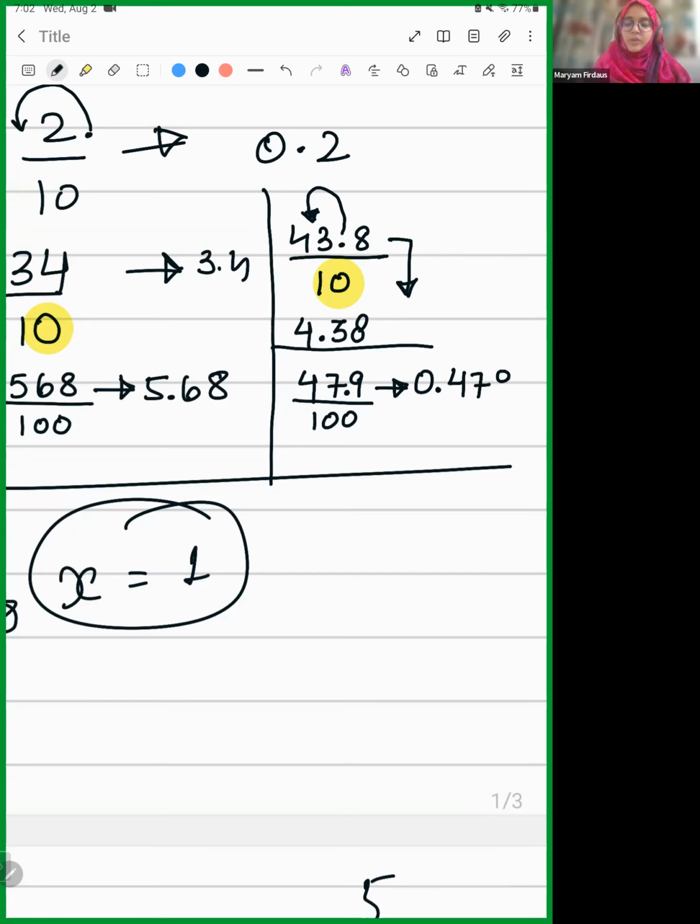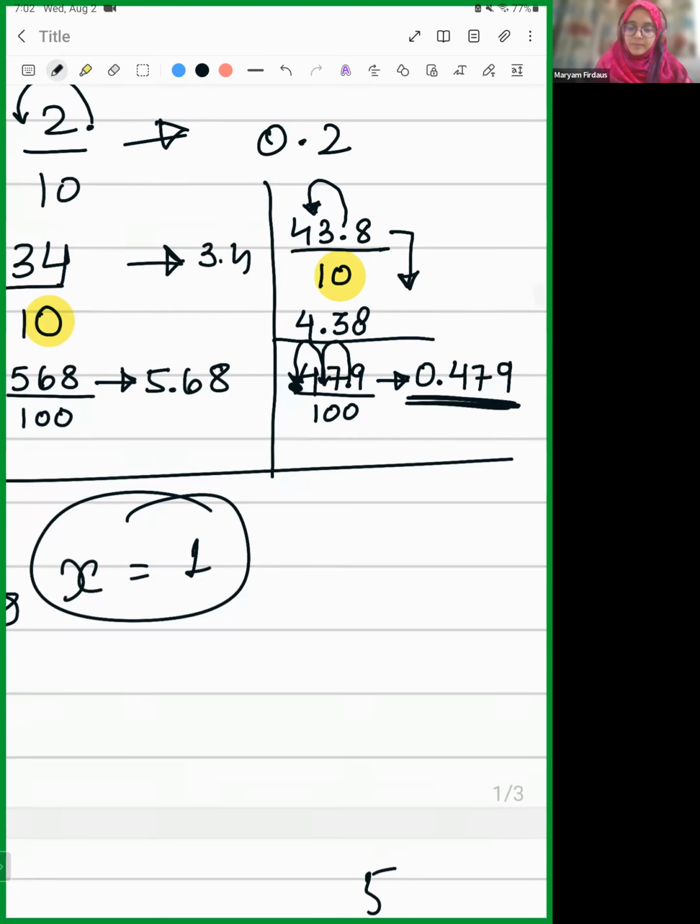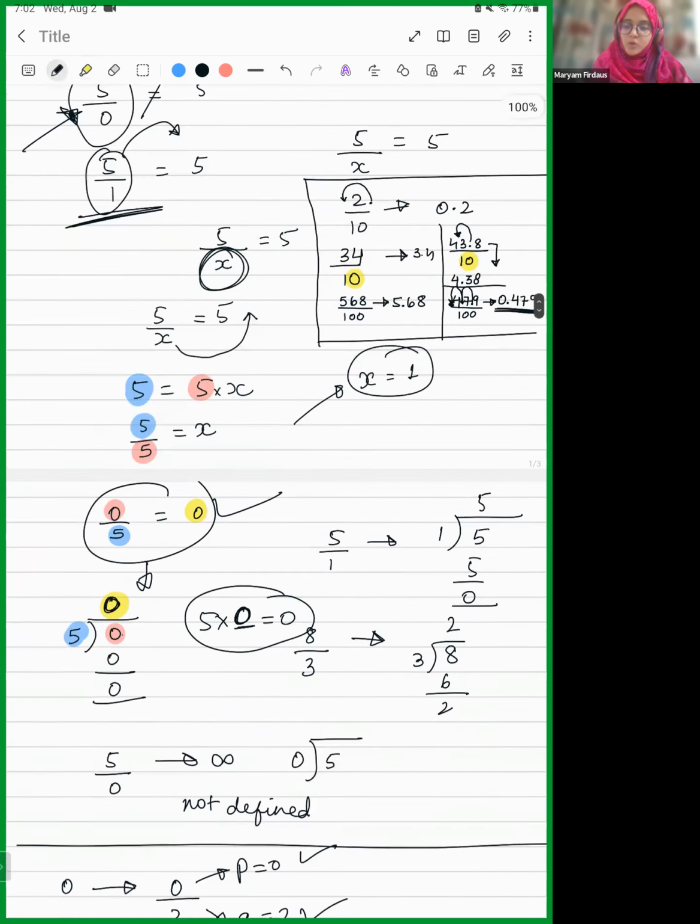Yes, it will be 0.479, because in the denominator we have two zeros. So the decimal point will move two places, 1 and then 2. So the decimal point will come over here in front of the 4. So it becomes 0.479. Is it clear, Abdul Rahman? Yes. Okay.